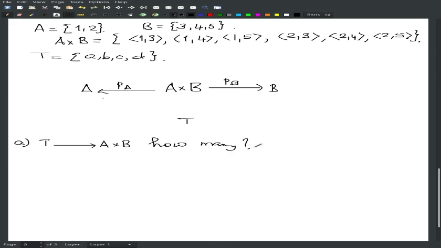Any idea? How many functions? I'll take a guess, Doctor. Yes? I've got 24. 24. Why?